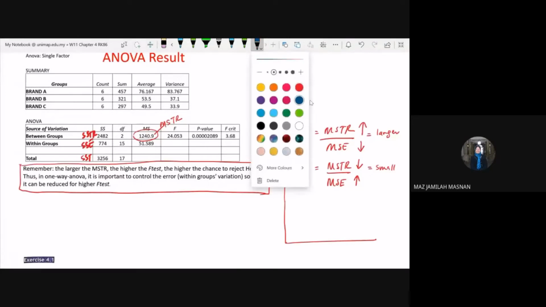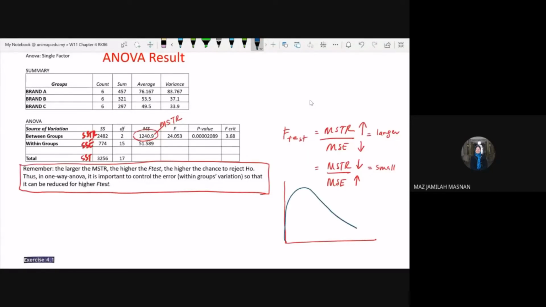Remember, you have your F test, and your FCV will always bound your rejection region, F alpha with K minus 1, N minus K degrees of freedom. And this is your rejection region.